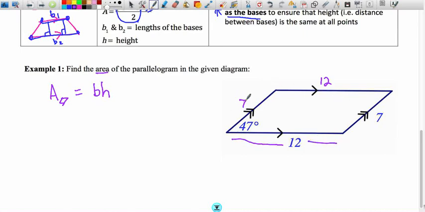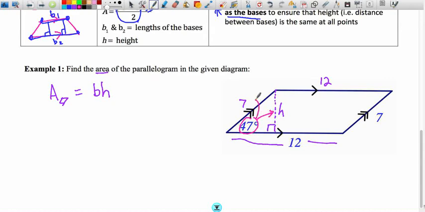7 is not the height. What we now need to do is drop an altitude, find the length of what I'll call h, the height, and we will then do base times height. In order to find that, of course, we are going to use SOHCAHTOA, and so we have 47 degrees as our given.